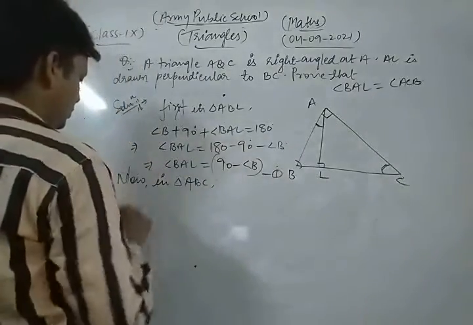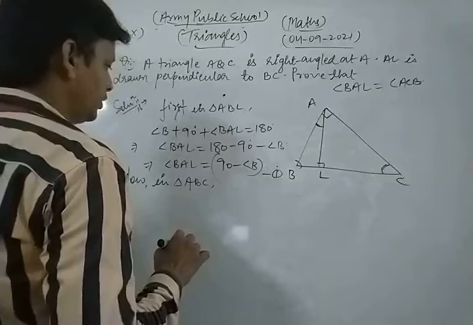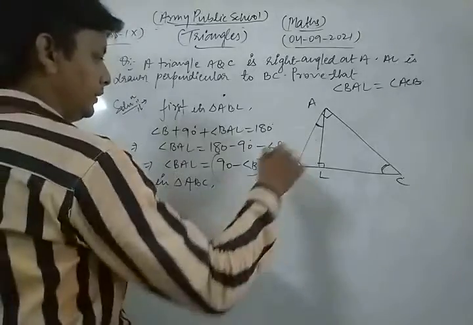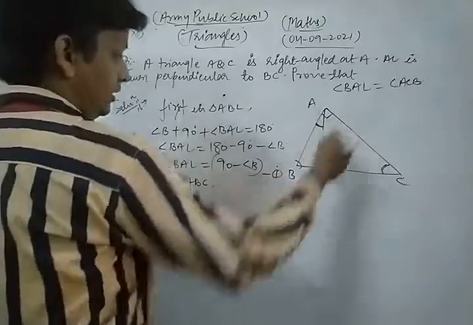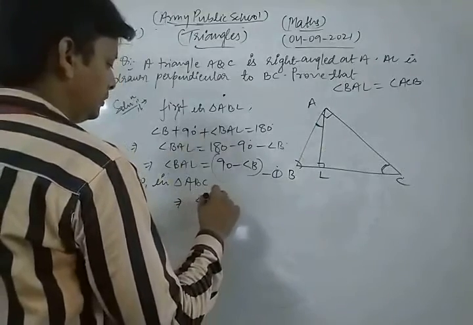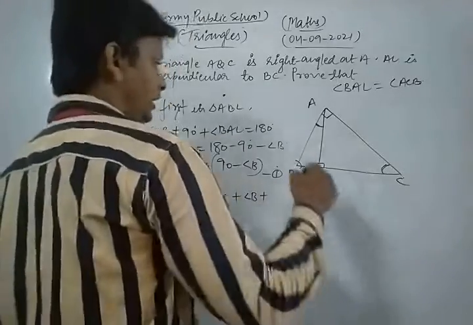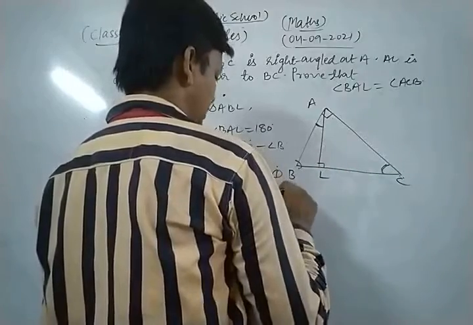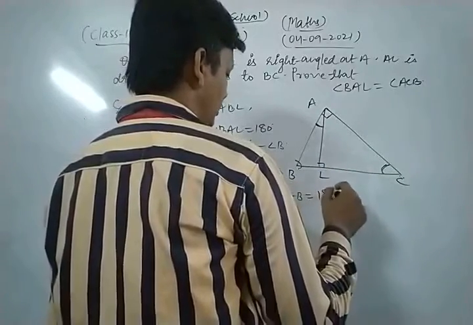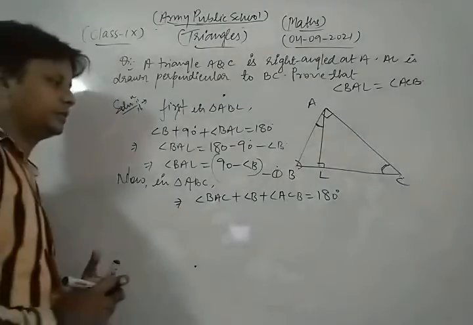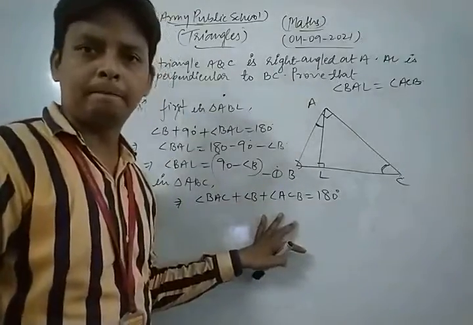So we get angle BAC plus angle B plus angle ACB is equal to 180 degree.